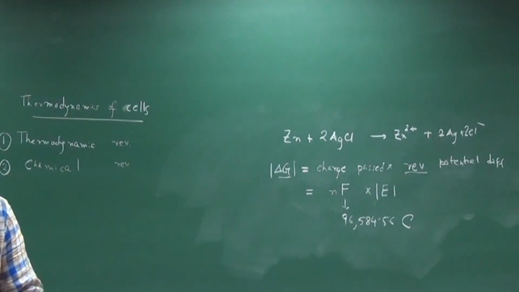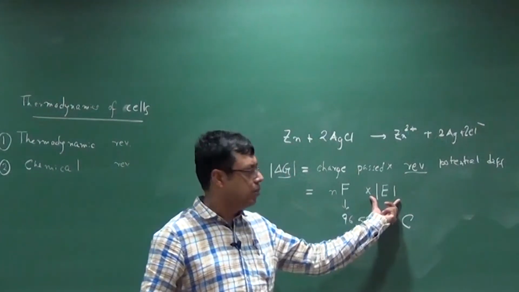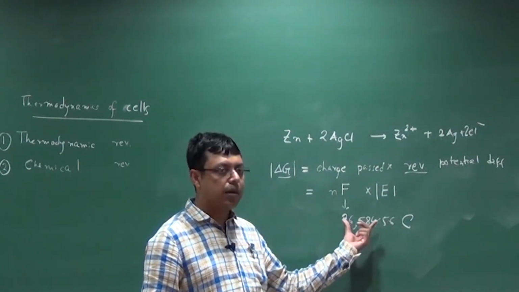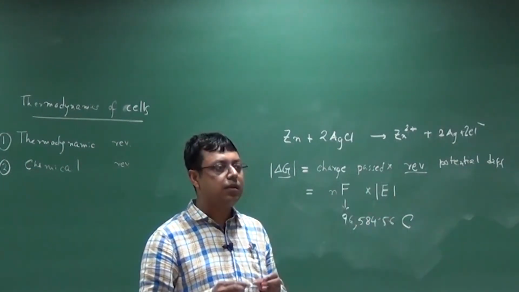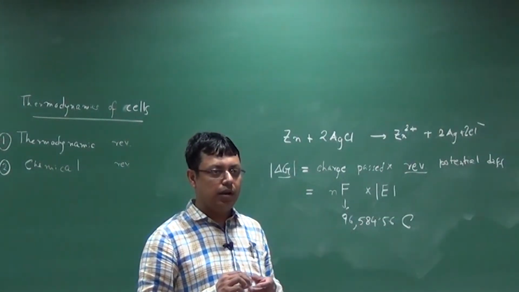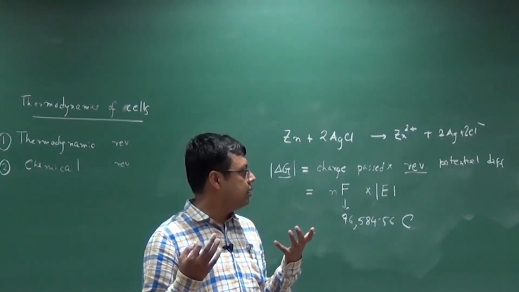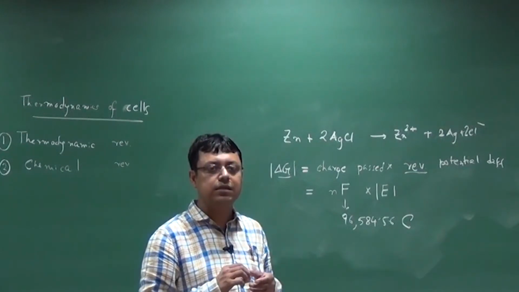Now the thing is, think about this part. N is constant, F is constant. So this is just the amount of charge. But now E is basically the potential difference. A difference is a quantity which we usually cannot use in a sense.